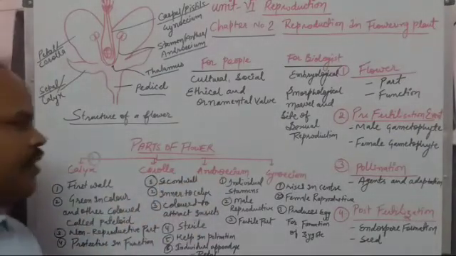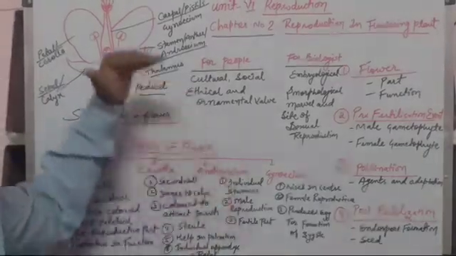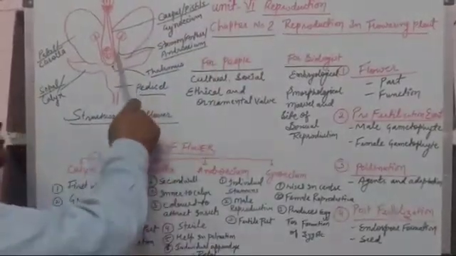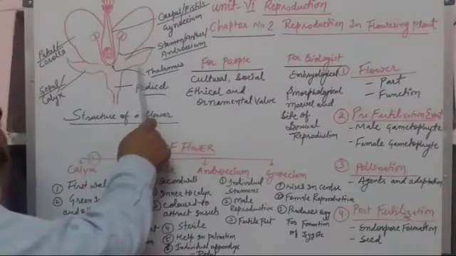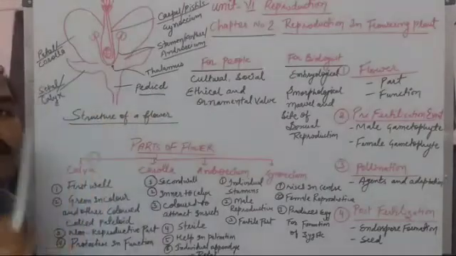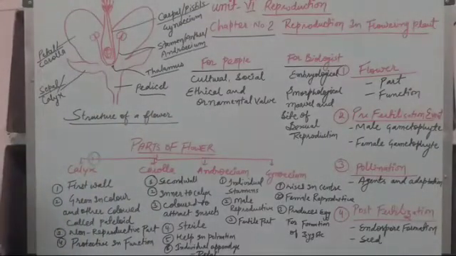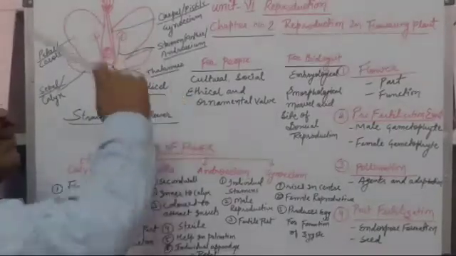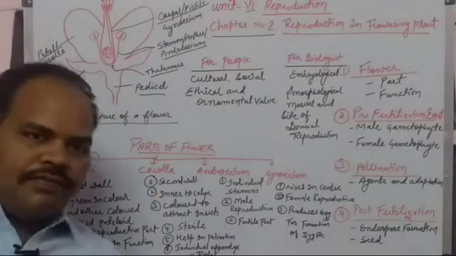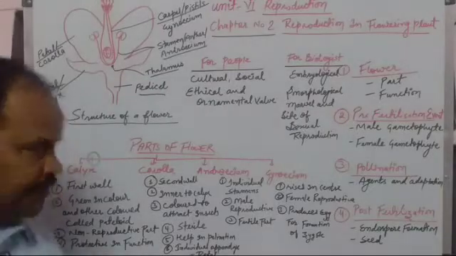Now the next, androecium. Its individual appendage is called a stamen. This is the sepal, this is the petal, and this one is called the stamen. It is the male part of the flower, and it has the capacity to fertilize.